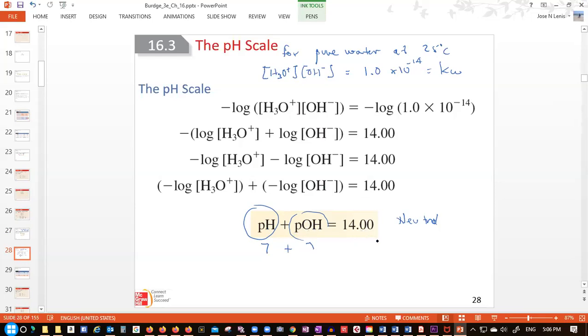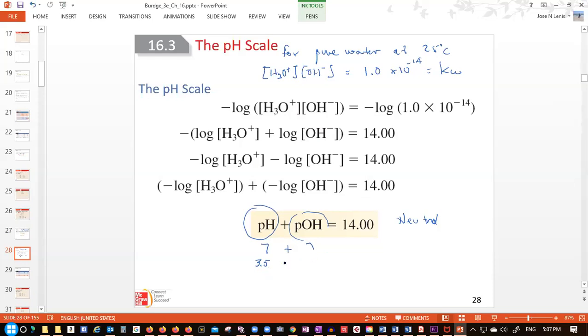For example, if the pH of a solution is, let's say you have a red wine, the pH is usually 3.5. What is the pOH of that wine?